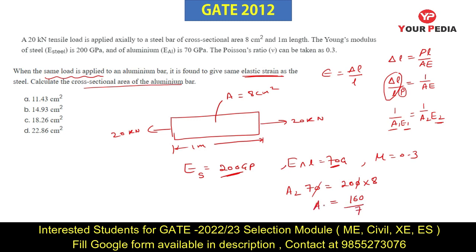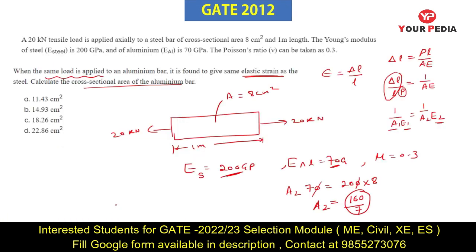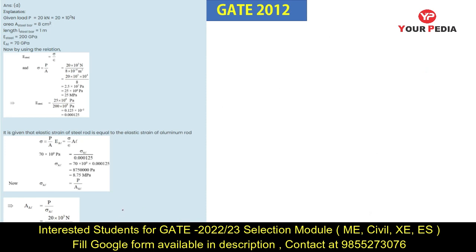So we have to calculate A2 from this, and the answer we get for A2 is 22.86. We can confirm it by dividing: 14 into 2 divided by 20, 7 twos are 14, then 6, then the decimal point, then 6 again, and we can put 56 here. So yes, 22.86. This is the answer, option D.